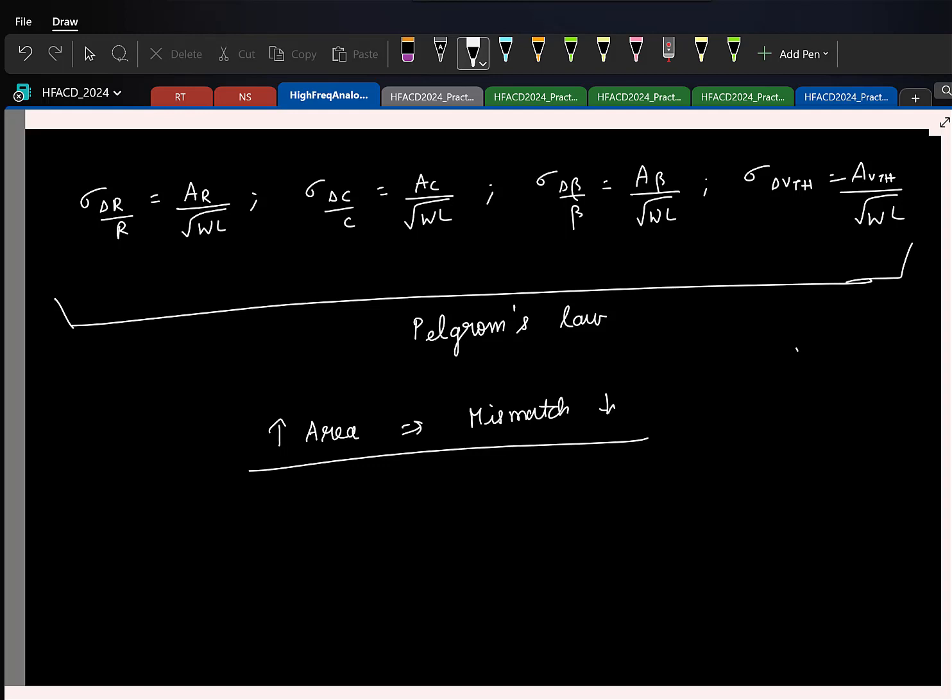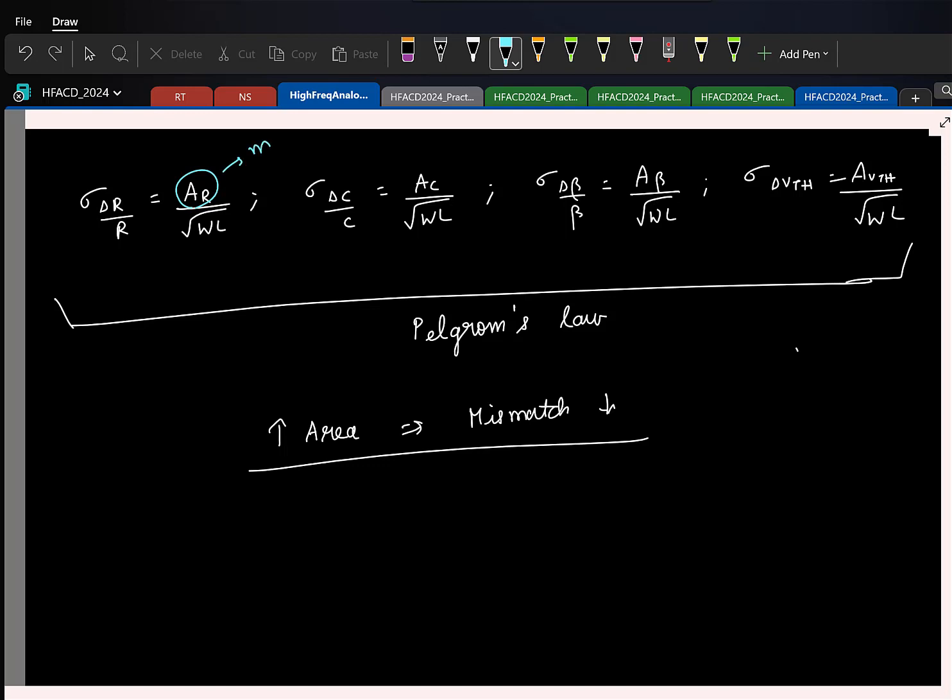And what is the unit of A_R? First of all, what is the unit of sigma of delta R by R? Delta R by R, what is the unit of that? Unitless. If I take the standard deviation of that, that is also unitless. So what do you think the unit of this is? Yeah, meters.